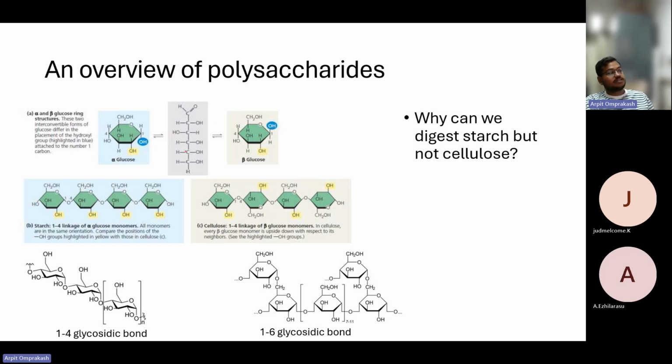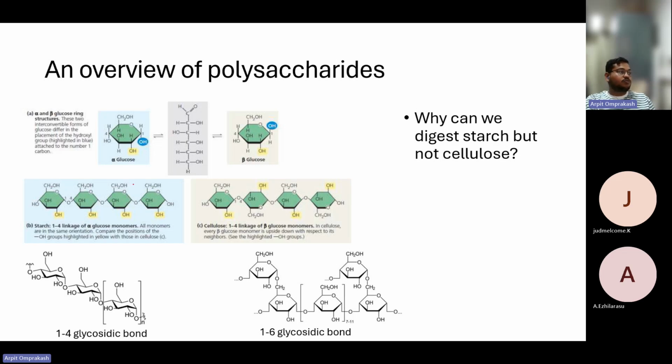Glucose has different forms: a straight line form, and two ring forms, alpha glucose and beta glucose. This alpha and beta is based on the presence of the hydroxyl group on the 1' carbon. If it is present opposite to the CHOH group, it's known as alpha glucose. If it is present on the same plane, it's known as beta glucose.